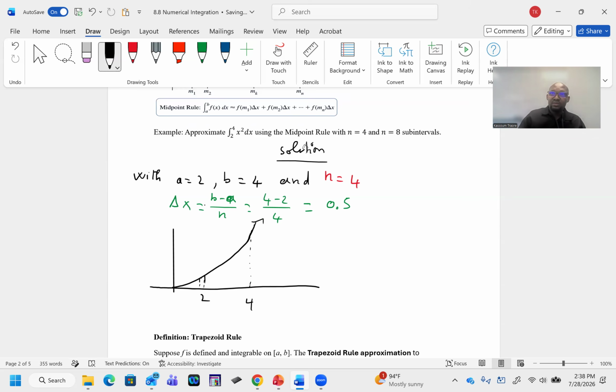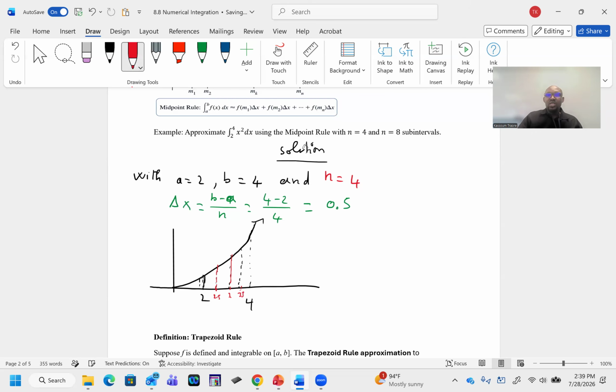So the first point will be 2.5, then 3, and then 3.5. Don't worry about my graph.